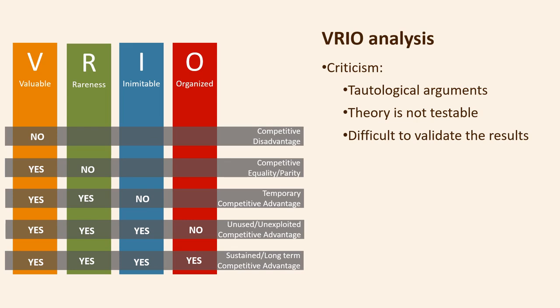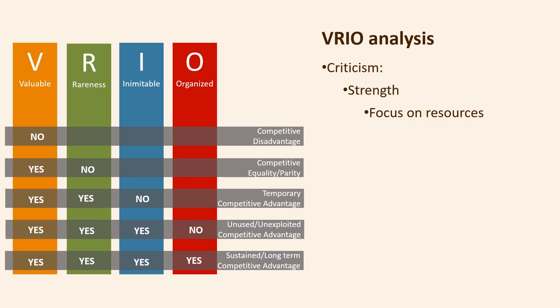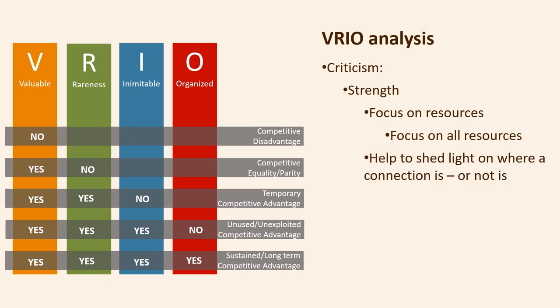The VRIO analysis has its strength in focusing on resources that are either not valuable or are not utilised sufficiently or organisationally correctly. The model forces you to focus on all resources in the firm.